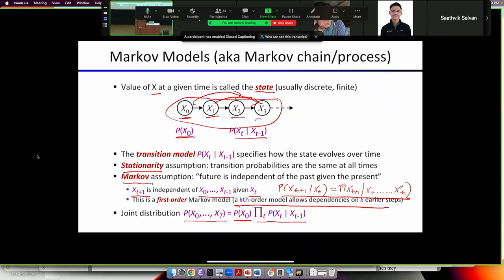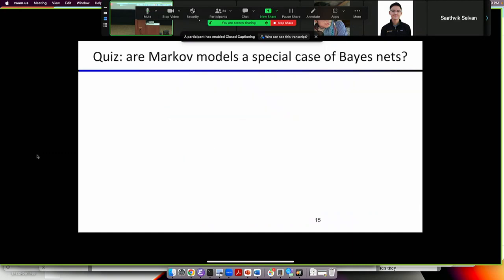So far I haven't really told you anything new. I'm just saying, okay, we take this temporal process, it satisfies these conditional independence assumptions, which means we can write it as a Bayes net that just looks like this daisy chain, and the joint probability for any sequence of state variables is just the same as it would be in a regular Bayes net.